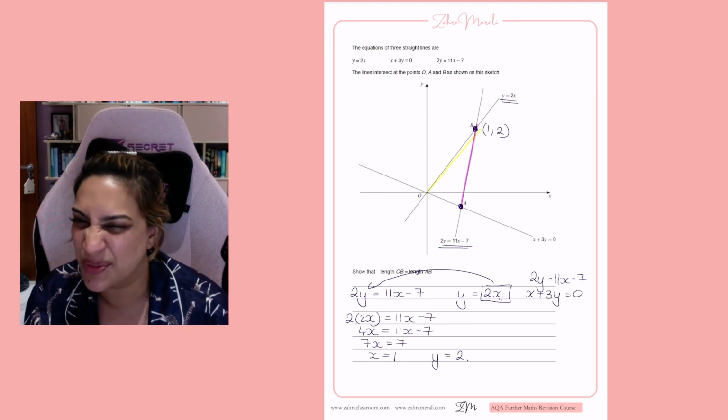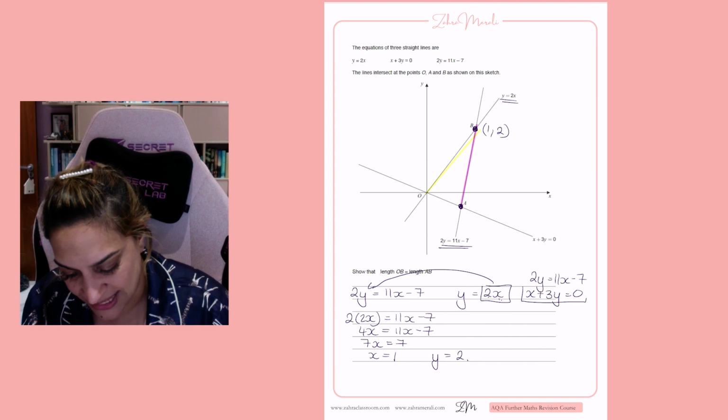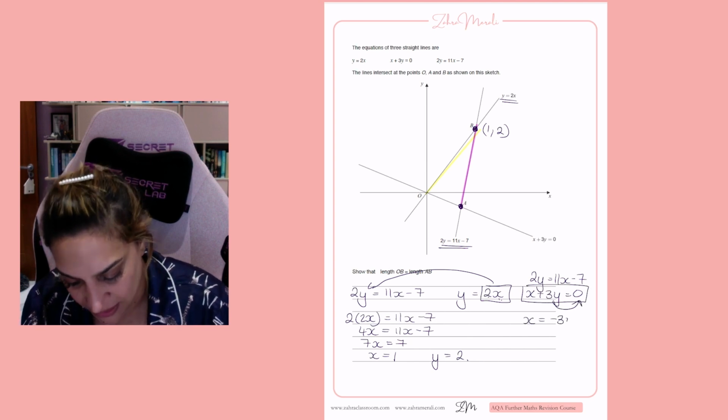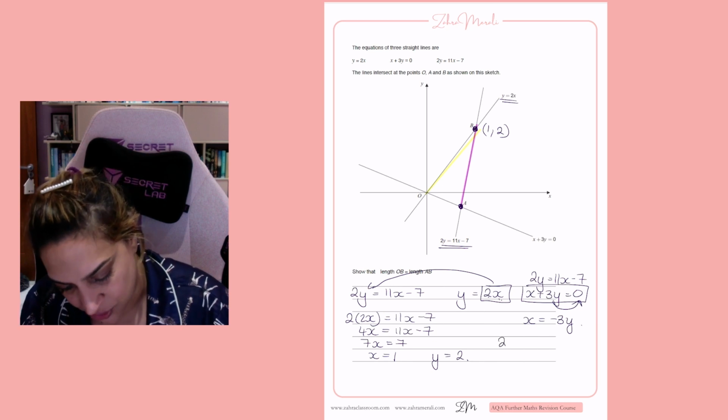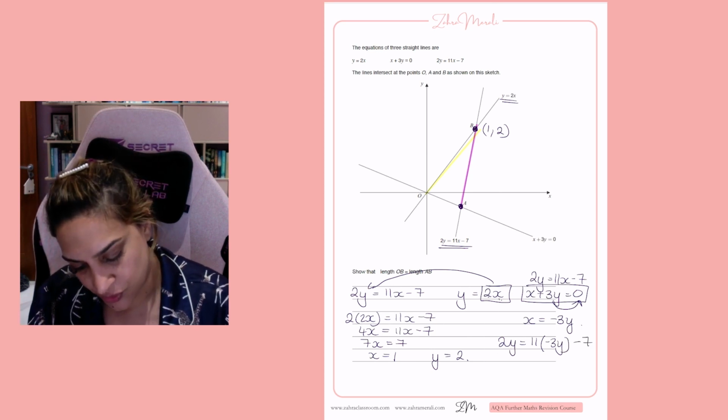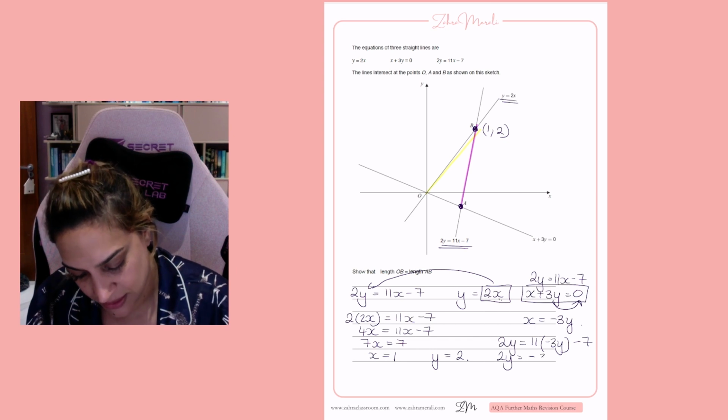Okay, so again a substitution might be easier because we can take this and just move that 3y. So x equals minus 3y. So we get 2y equals 11 lots of minus 3y minus 7. So 2y equals minus 33y minus 7.